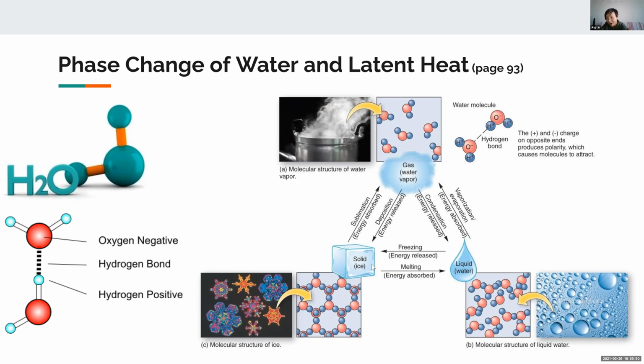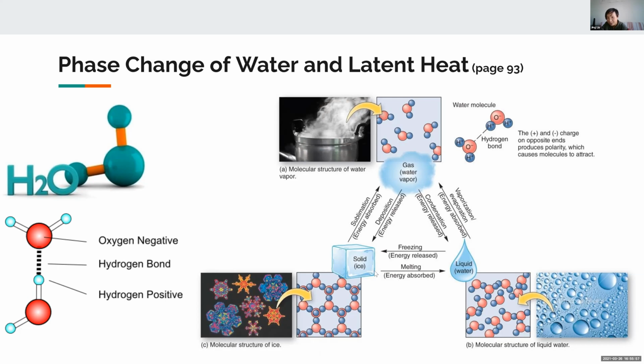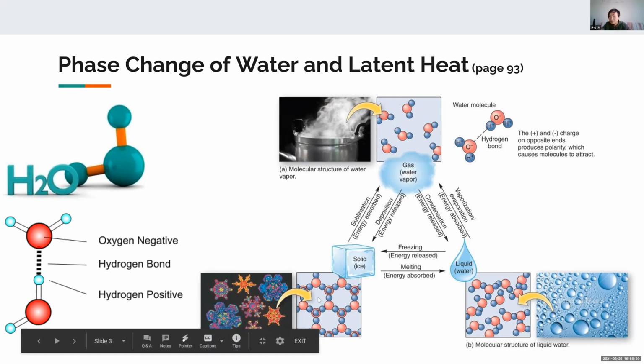But when you apply energy to solid ice, basically you melt it, and you turn it into liquid water. But that energy is not used to increase the temperature of the ice or the liquid water. They still stay at 0 degrees Celsius or 32 Fahrenheit. The energy is used to break apart this hydrogen bond.